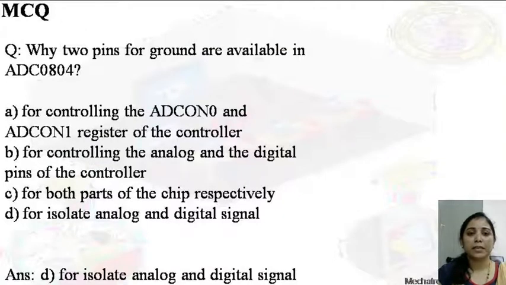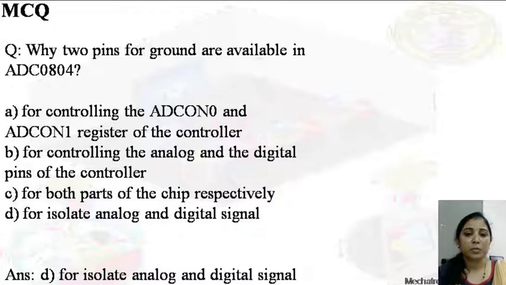Let's discuss a few more MCQs. Why are 2 pins for ground available in ADC 0804? The first option is for controlling ADC, ADCON0 and ADCON1 register for controlling. Second option is for controlling the analog and digital pins of the controller.